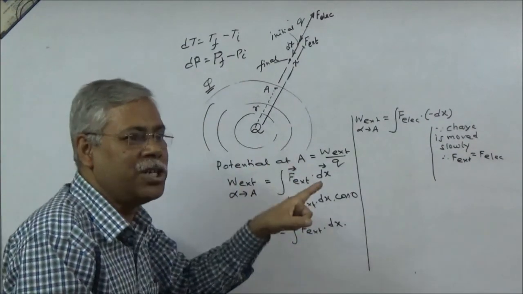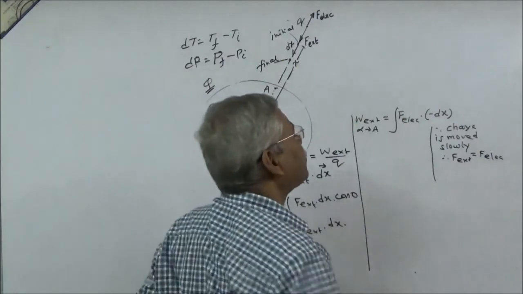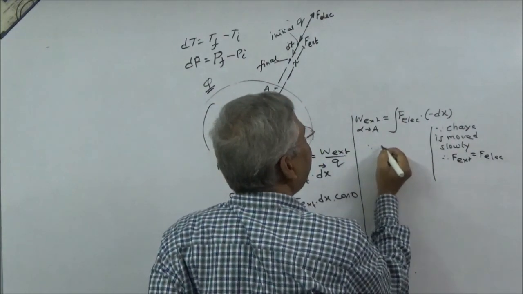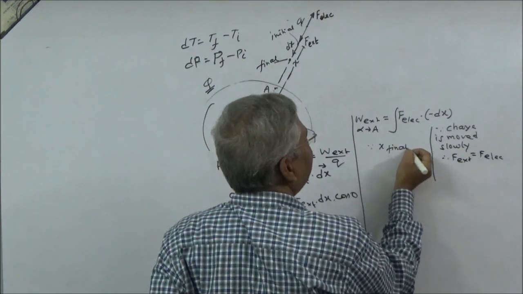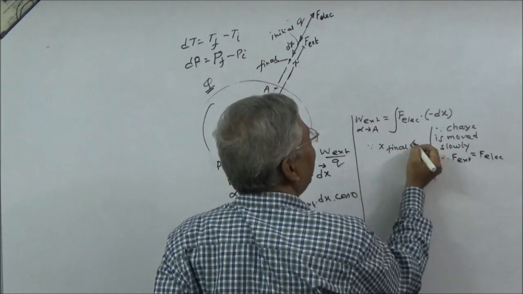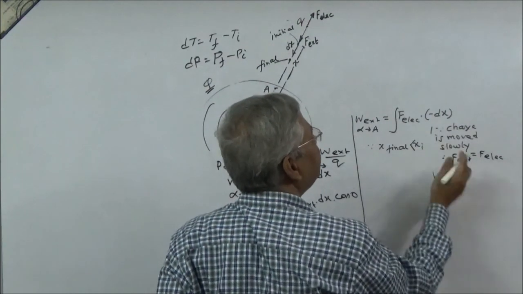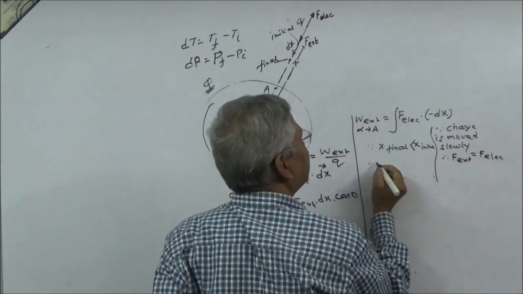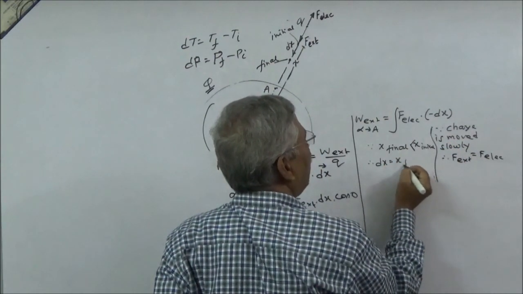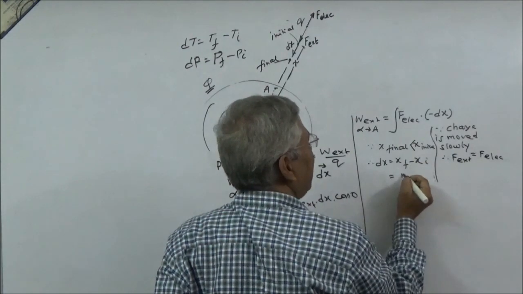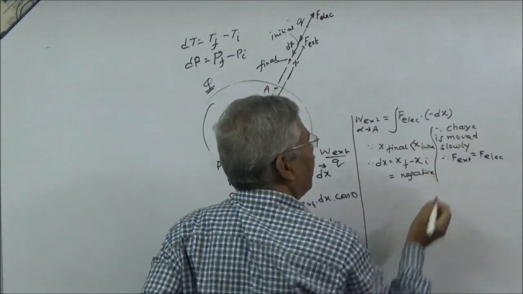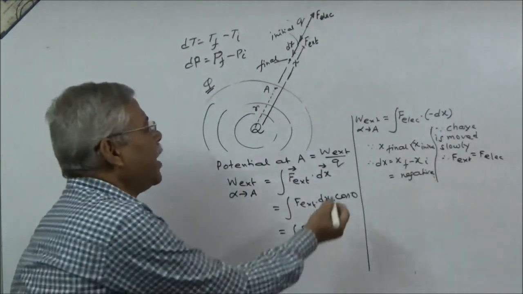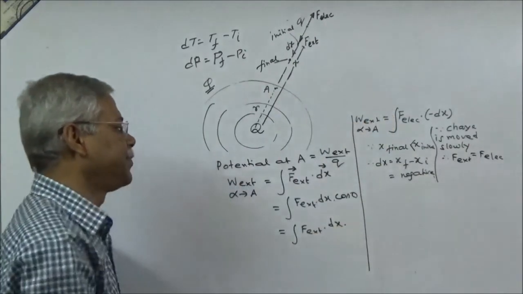So write, since x final is less than x initial, hence dx equals x final minus x initial, it is negative. Okay, so that negative sign I have used there, minus dx.